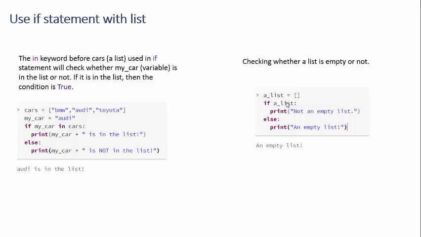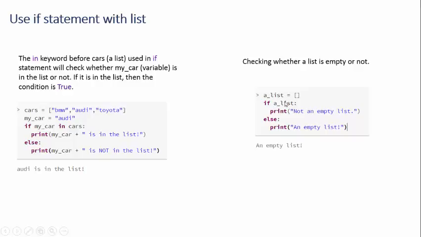If a_list is empty, then it's going to be false. If there are some elements within, it will be true. So in this particular one, a_list is empty, so when I do the if a_list statement, it is going to return a false condition.